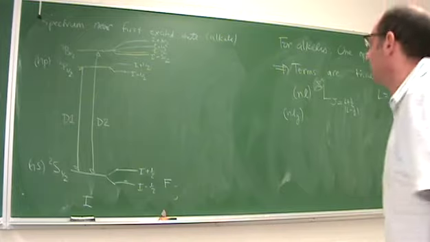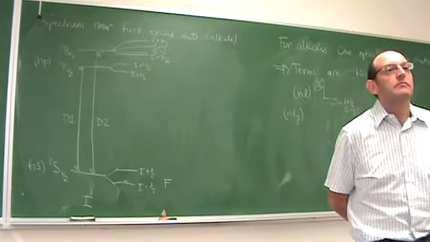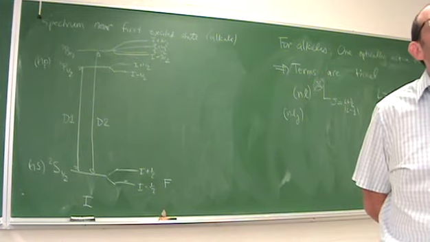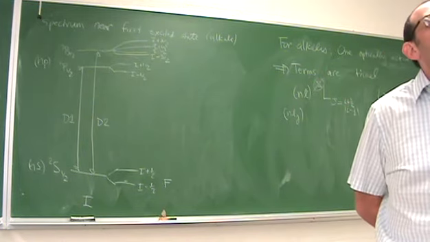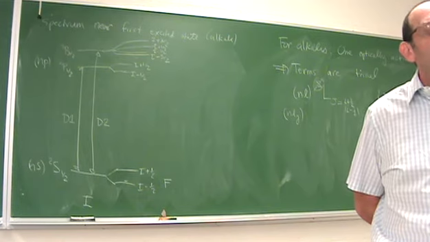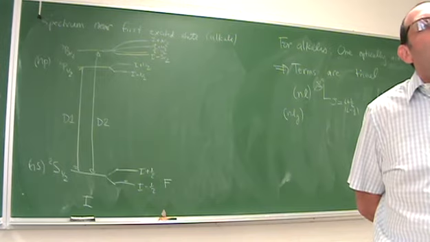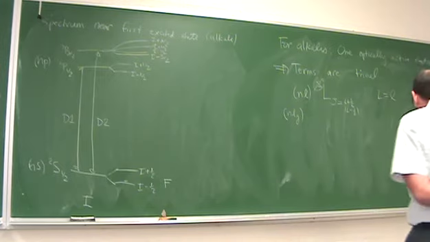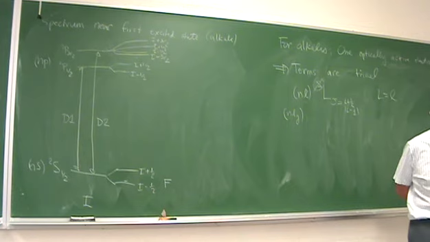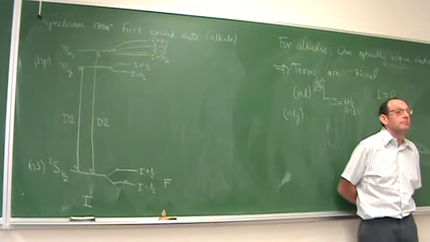Yes? How does this picture change when you have a single ion, like calcium? Because there are lower lying D states, right, which you always have to repump out of, which is a pain. So where does that come from? Well, the picture is that we don't have the closed core in the same way.